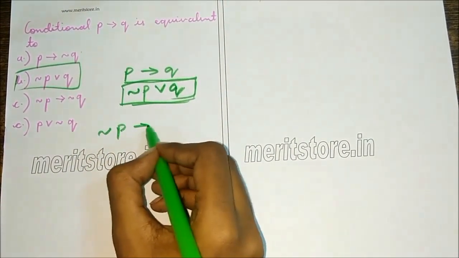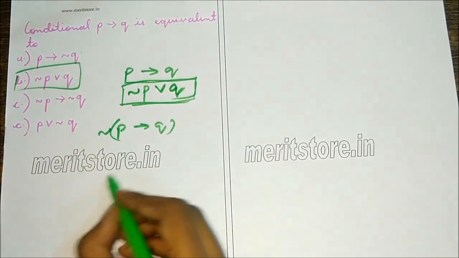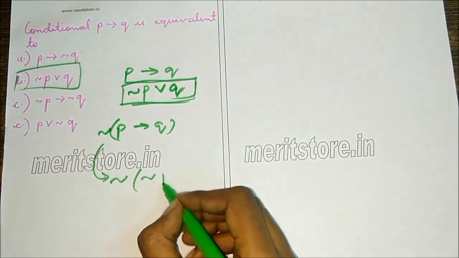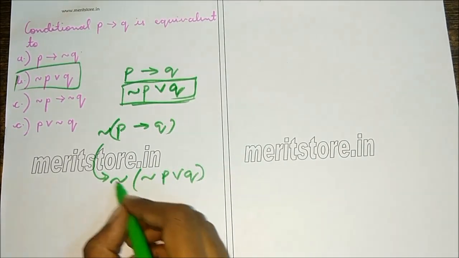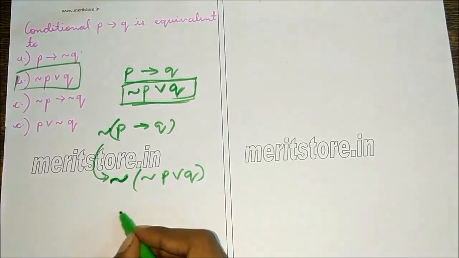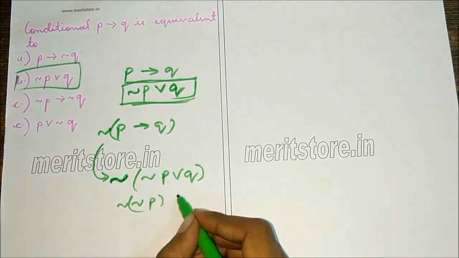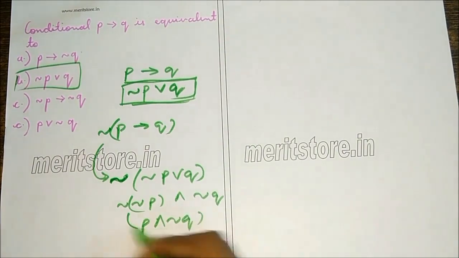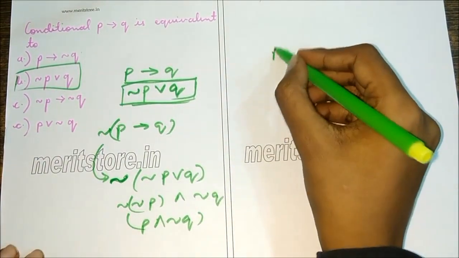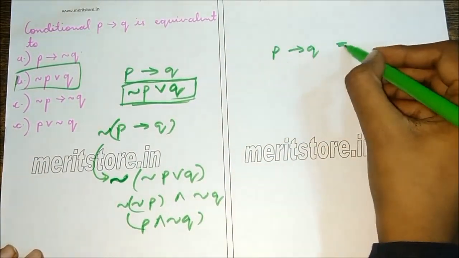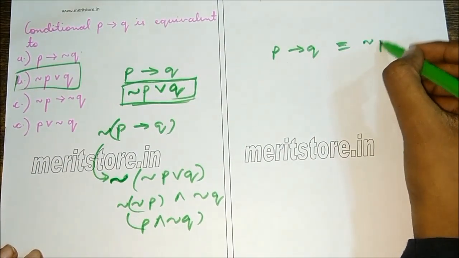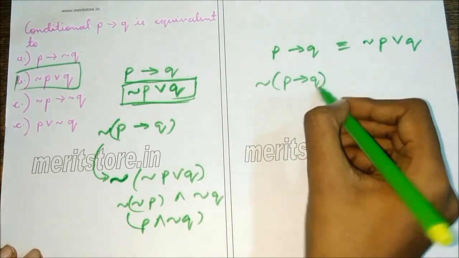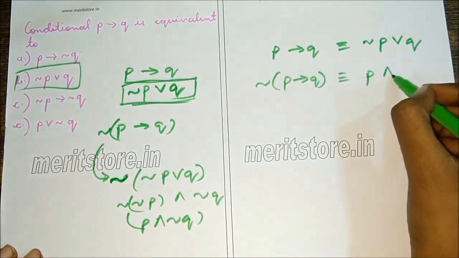Similarly, negation of P implies Q will be negation of negation P or Q. Expanding the brackets using De Morgan's law, we get negation of negation P and negation Q, which is the same as P and negation Q. So in summary, P implies Q is the same as negation of P or Q, and negation of P implies Q is the same as P and negation Q.